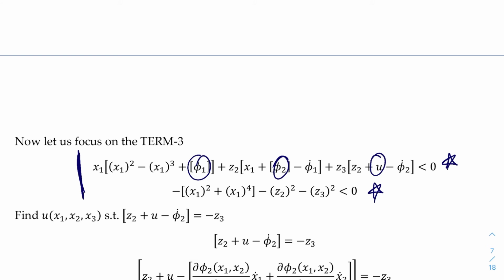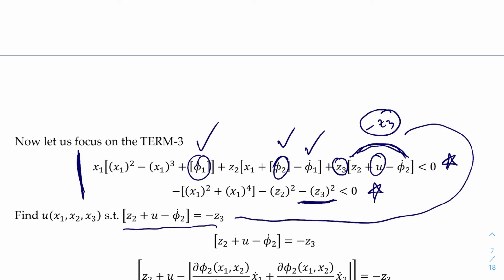We managed to find phi 1, and as a result phi 1 dot and phi 2 dot now. So now let's make this minus z3, because minus z3 times z3 equals minus z3 squared.